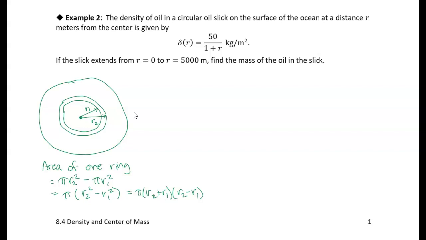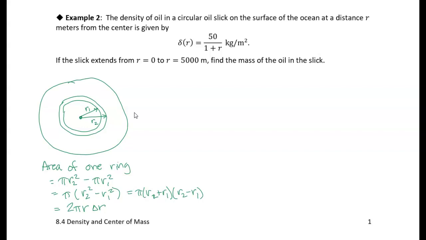And if r1 and r2 are close enough, then essentially r1 plus r2 is 2r. So if we take these r values close enough, we end up with 2 pi r delta r, right? Because r1 plus r2 became 2r, and r2 minus r1 is equal to delta r. Okay, so that gives us the area of one ring.